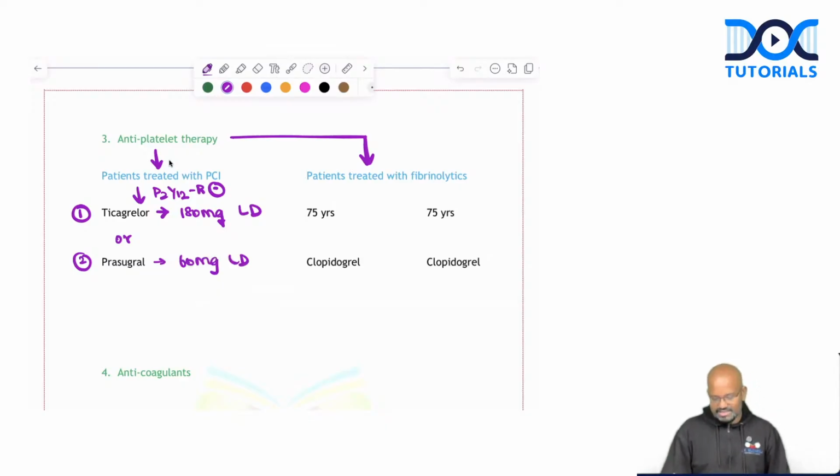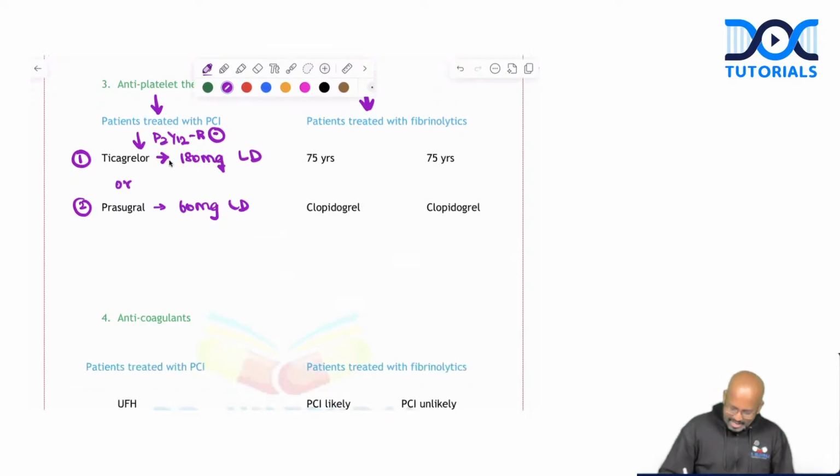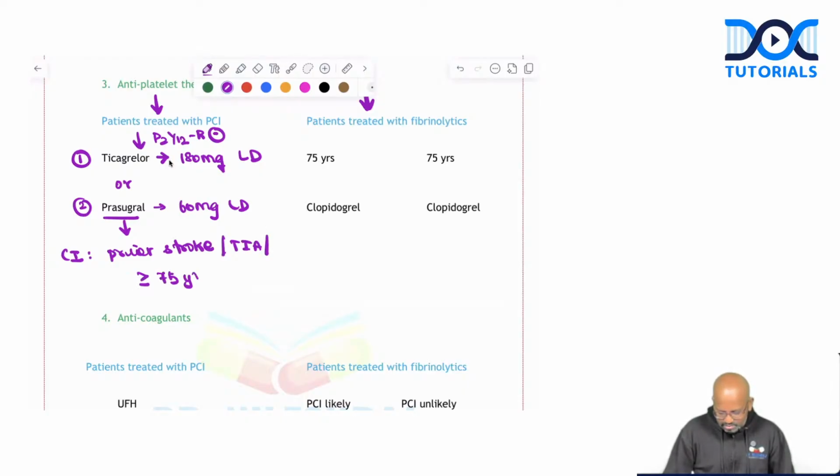We administer ticagrelor once orally or prasugrel once orally. And this prasugrel has got lots of contraindications, guys. Prasugrel is contraindicated in patients with prior history of stroke. If the patient has got previous history of stroke or TIA, or if the patient is elderly, more than or equal to 75 years of age, in those cases, prasugrel is contraindicated.